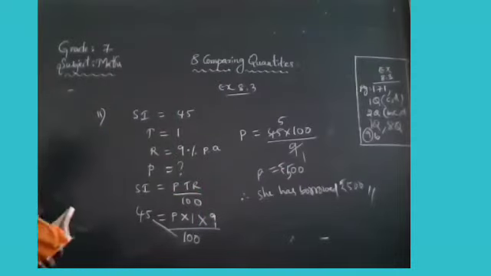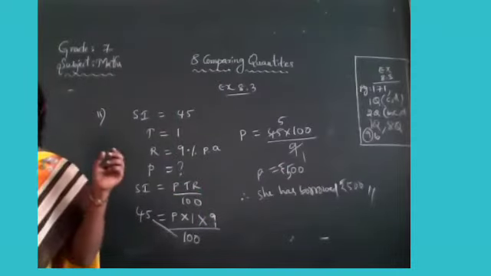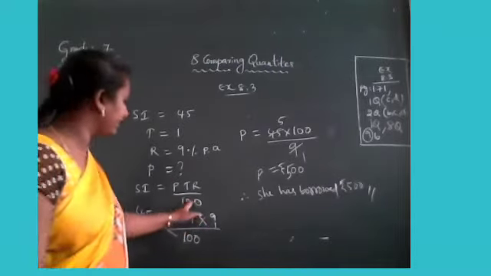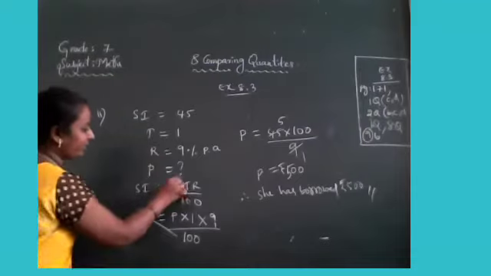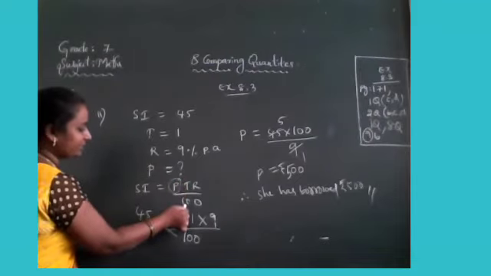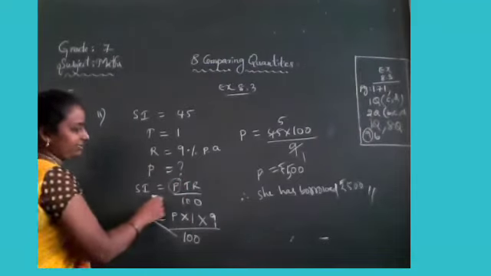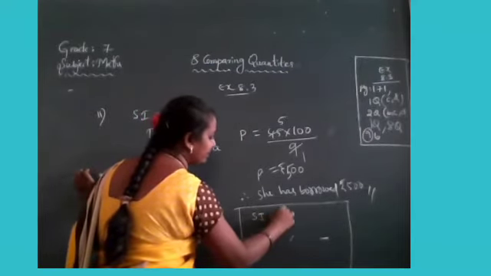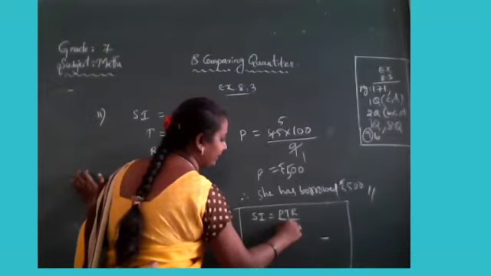So you have to finally remember the simple interest formula. Simple interest is equal to PTR by 100. If you don't know the principal, what you have to do? Simple interest into 100 by TR. So this mainly you have to remember: SI is equal to PTR by 100.